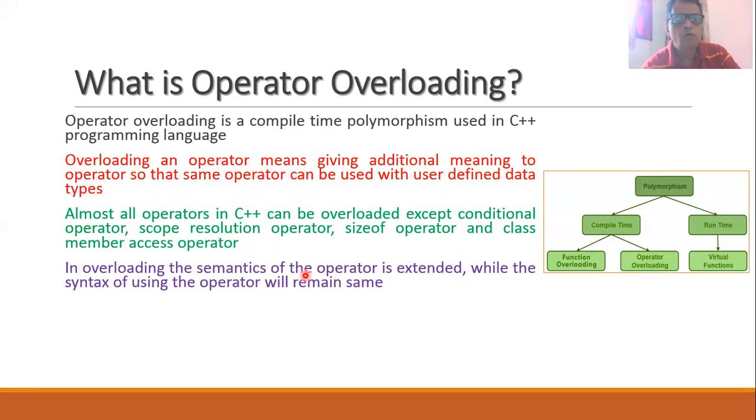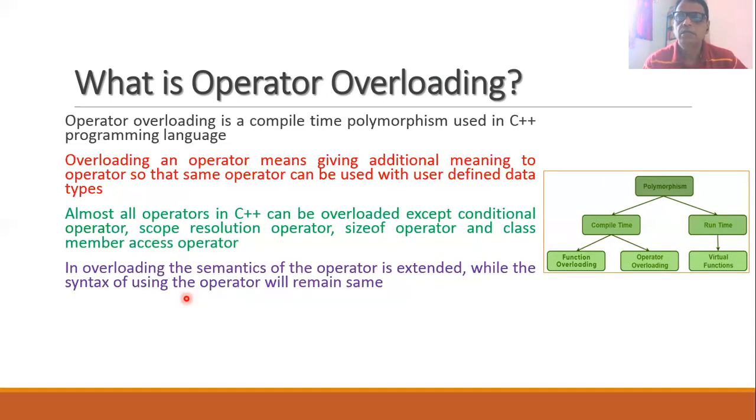When we overload an operator, what we are actually doing is extending the semantics of the operator. When we extend the semantics of the operator, observe that the syntax of using the operator will remain the same. For example, when a plus operator is used for the addition of two numbers, we write one number first, then the plus operator, and then the second number.